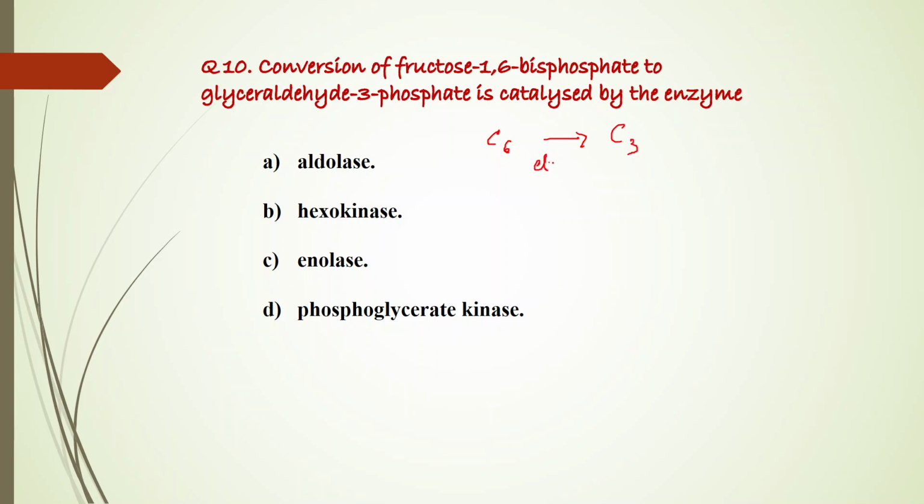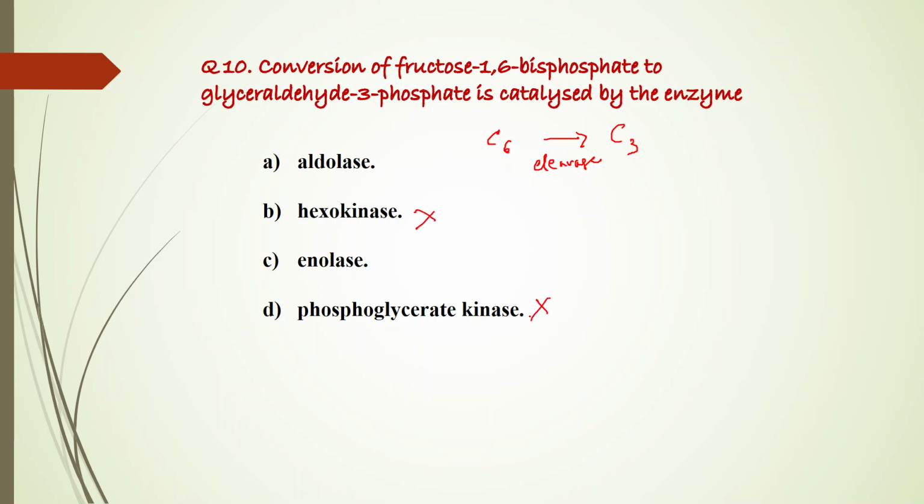That means some kind of cleavage must have occurred in the fructose 1,6-bisphosphate. But hexokinase and phosphoglycerate kinase, what are their role? Kinases means basically they transfer a phosphate group, so they cannot be involved in the cleavage process. So option number B and D are automatically rejected.